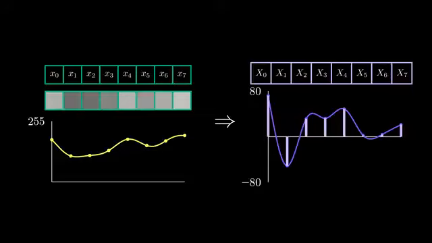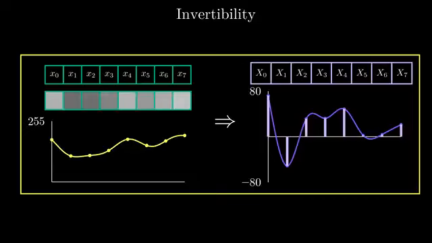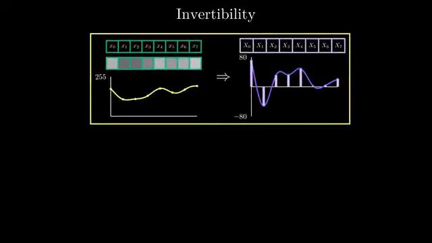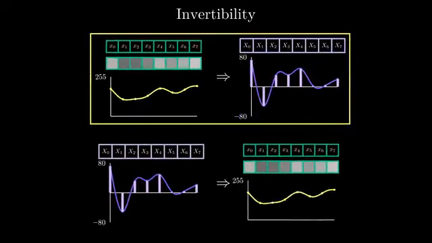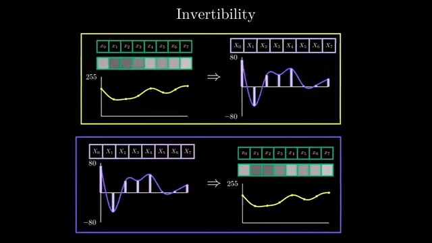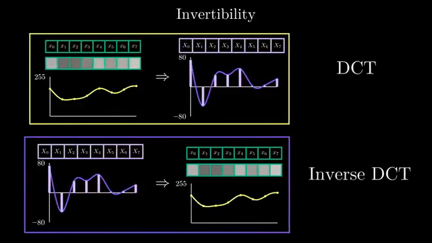Another great property of the DCT that follows from these facts is invertibility. I've talked about the DCT as a way of decomposing a signal into a coefficient representation of weights associated with cosine waves. We can also reverse this process. If I take my coefficient representation of the signal, I can apply what's called the inverse DCT to get back the original signal.